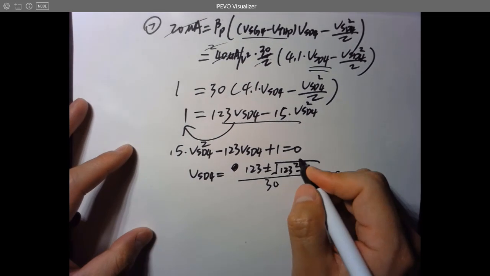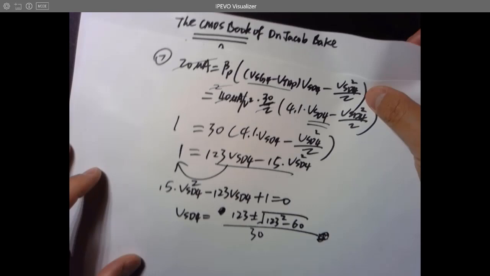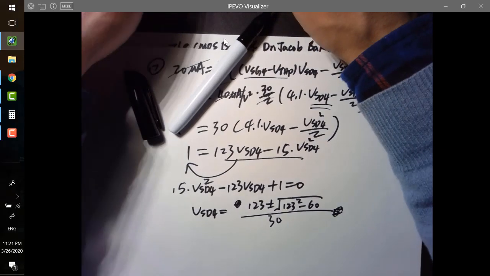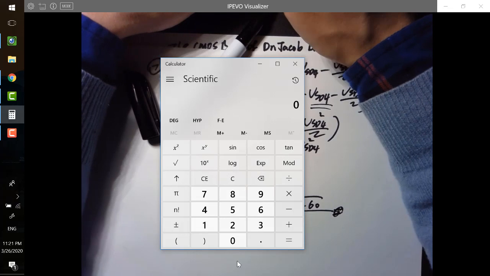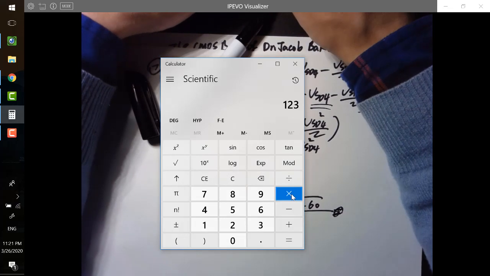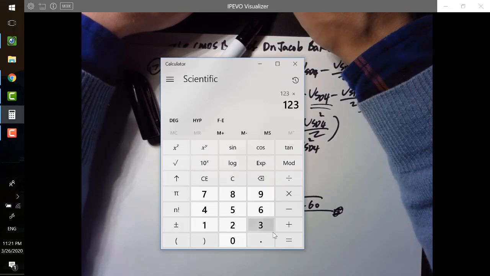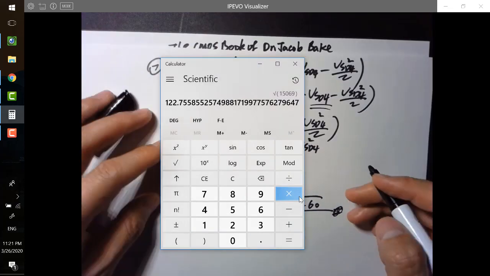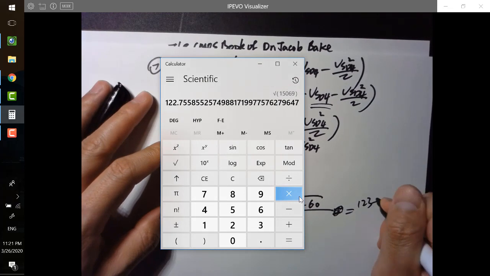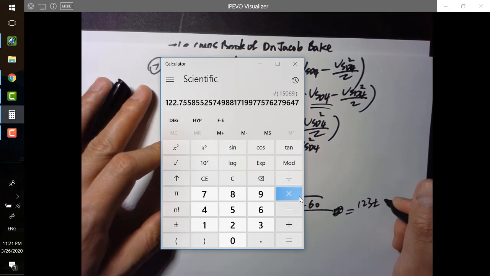So we have to calculate this first. 123 times 123 equals this, minus 60, and take the square root. So it is 123 plus or minus 122.756, over 30.